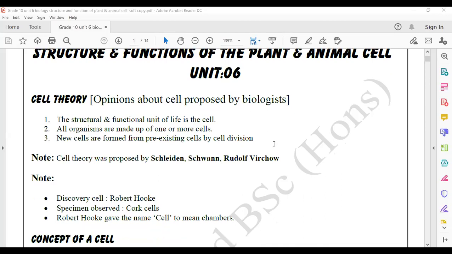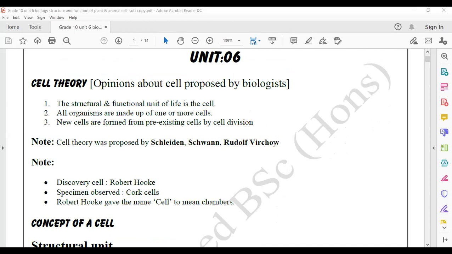Similarly, any function happening in your body is done by cells. So the cell is everything.